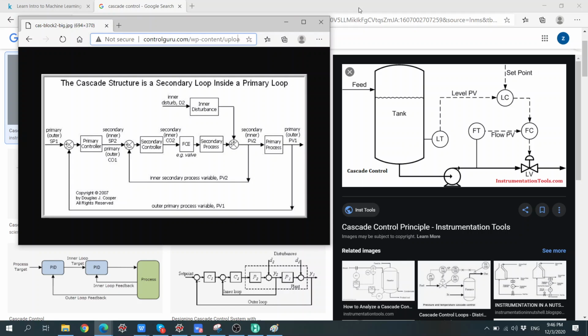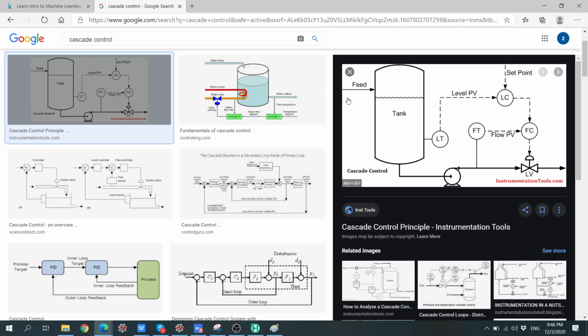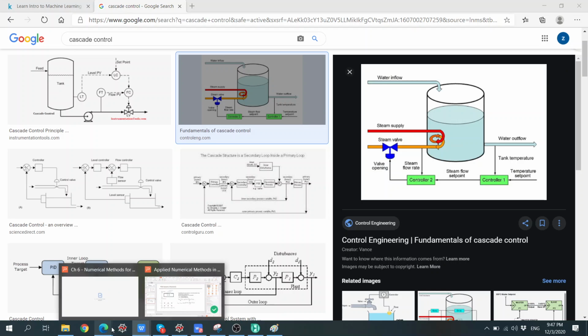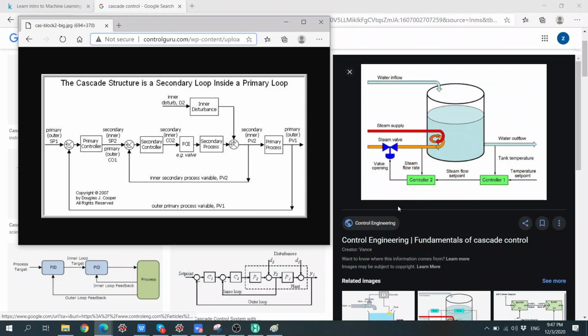This is typically for level and flow rate control. There's also a similar thing with temperature, for example.